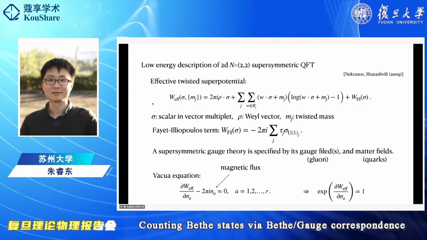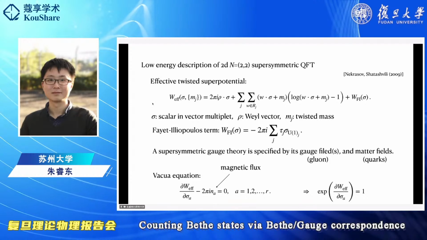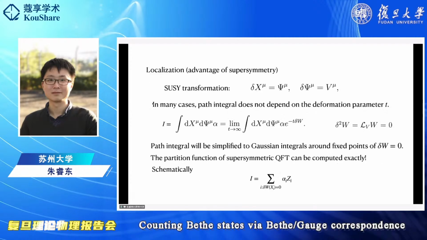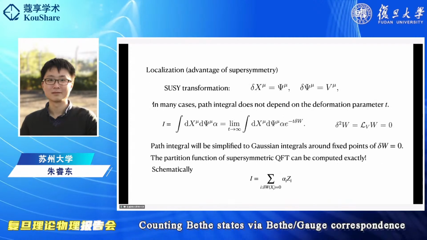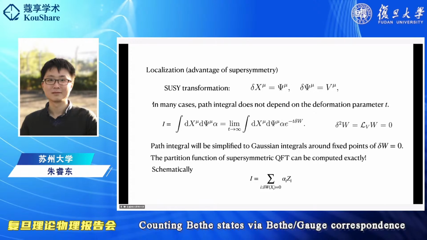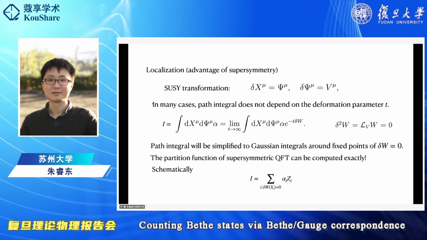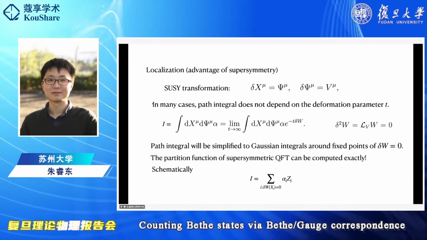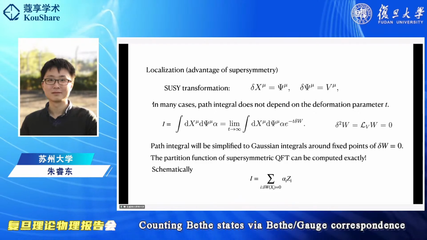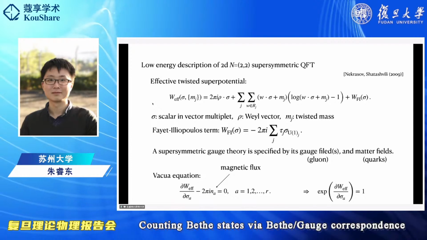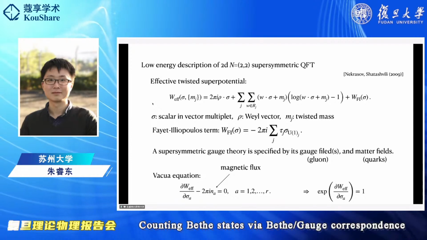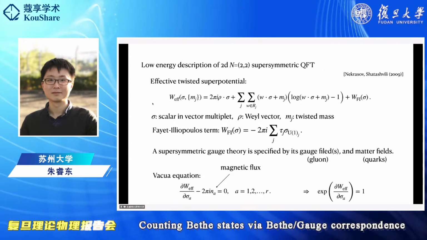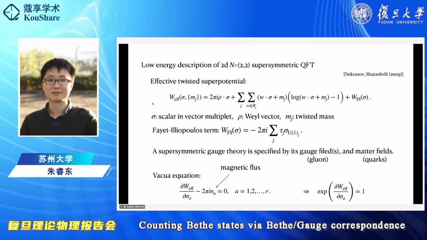Is the 2D theory defined only by the superpotential? No, we have a Lagrangian. But this is the low energy effective description of the theory.